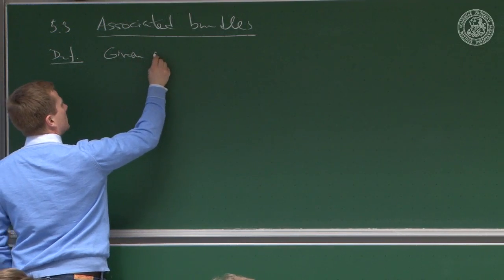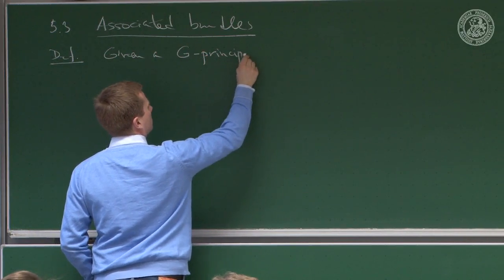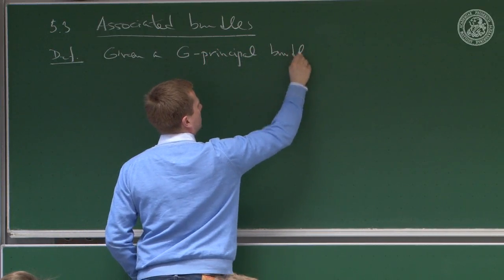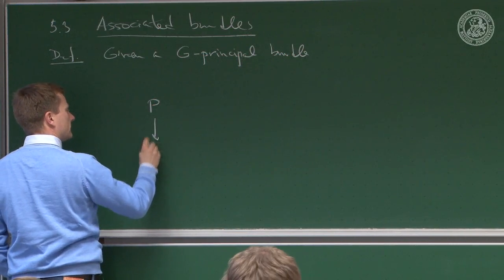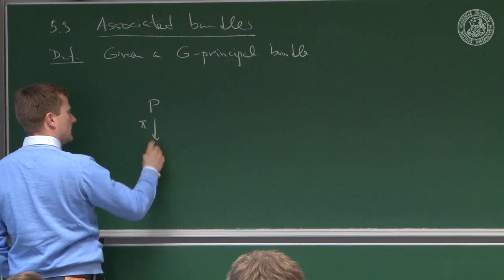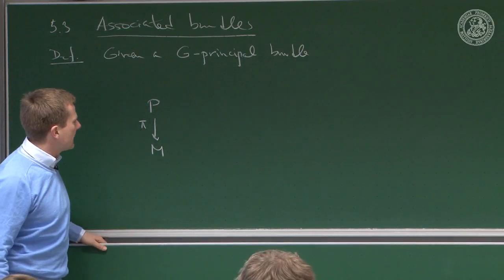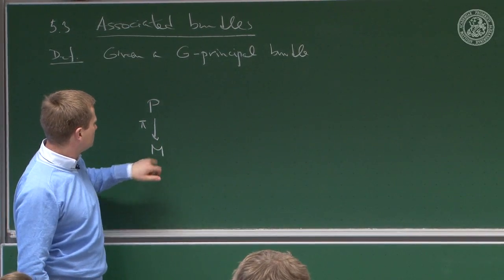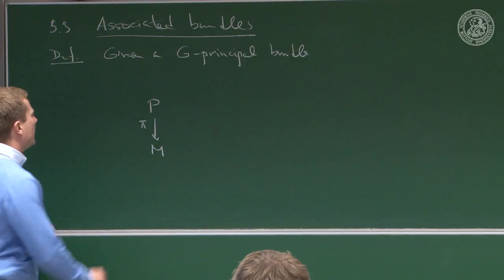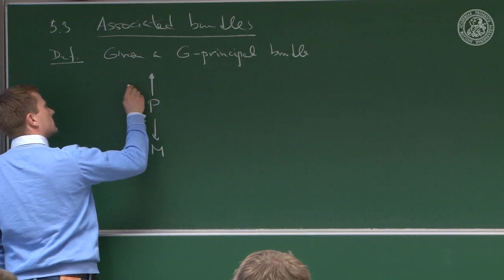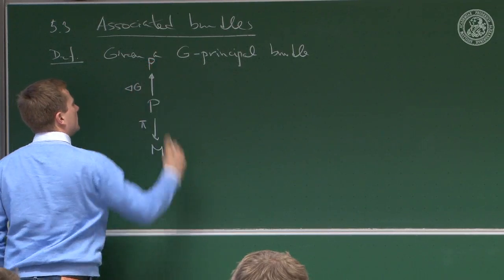Given a G principal bundle, and you remember that a principal bundle is first and foremost a bundle pi down to M, which as a bundle is isomorphic to P down to P mod G, and that there is a right action of a Lie group G on the total space here.